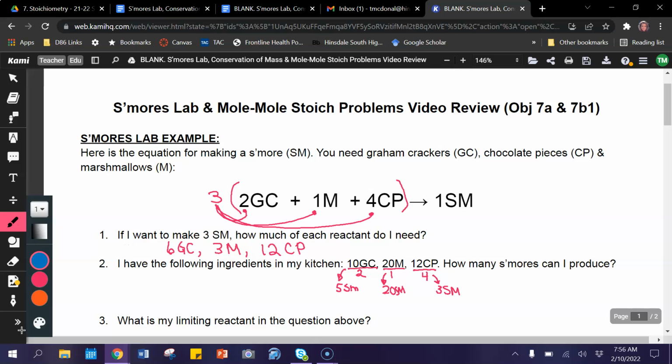I could make 20 s'mores with all my marshmallows, except I don't have enough graham crackers or chocolate pieces to make 20. And my chocolate pieces only give me enough to make 3 s'mores. So if I'm going to make entire s'mores, that means that I can only make 3.